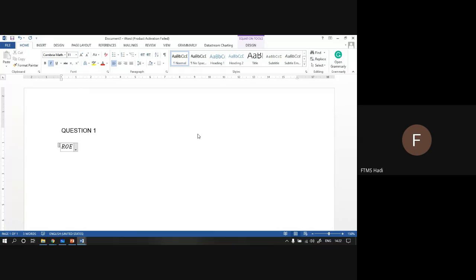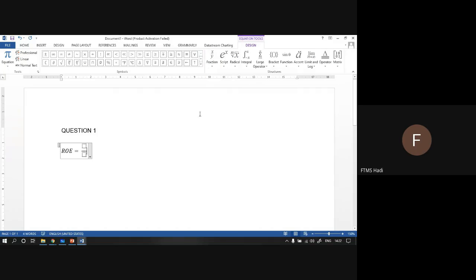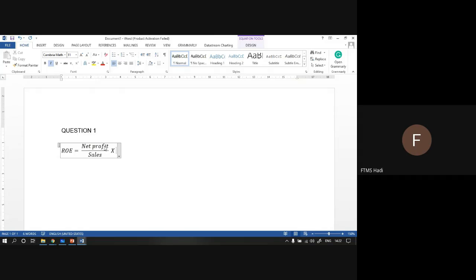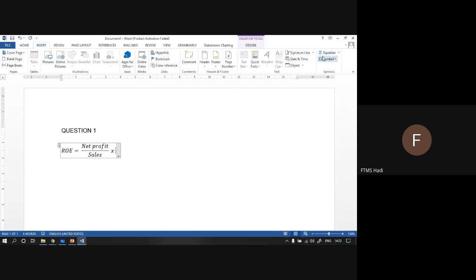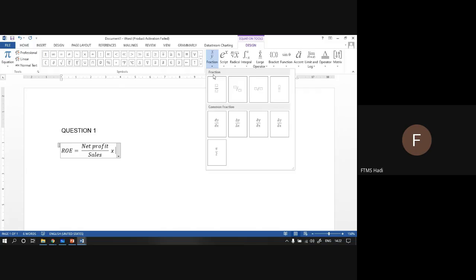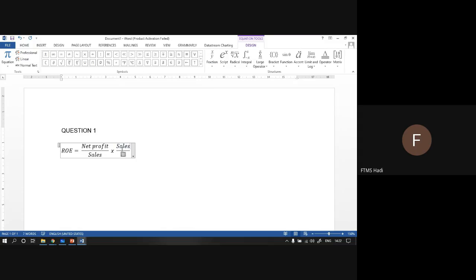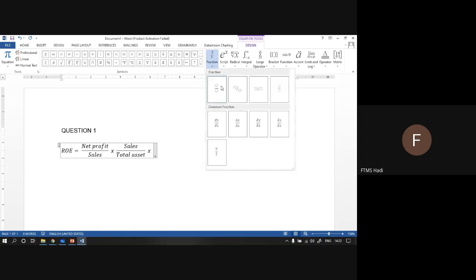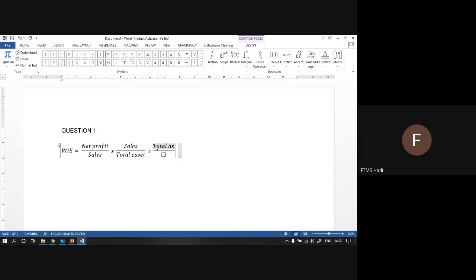ROE, return on equity, is equal to profit margin, that means net profit divided by sales, and then you multiply by sales divided by total asset, and then multiply by total asset divided by total equity.